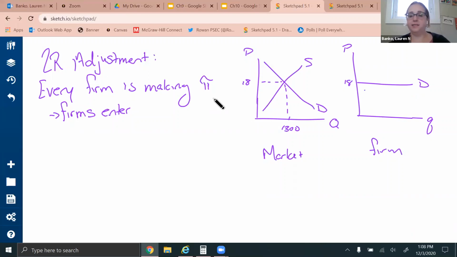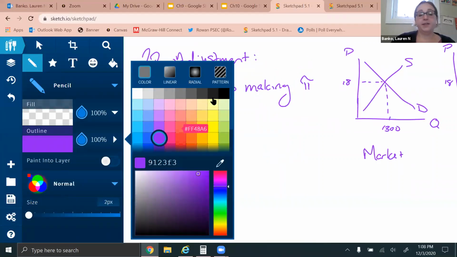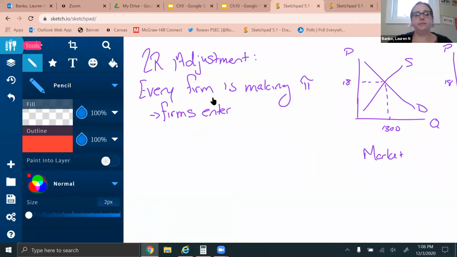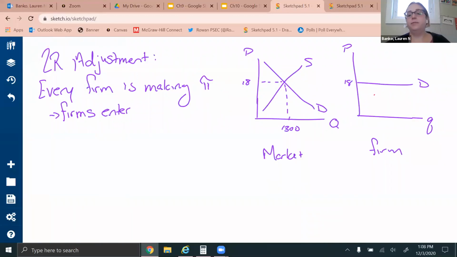Their demand they face is horizontal here. And they make their output decision based on really their marginal cost function. So we find where marginal cost equals the price, or marginal revenue.